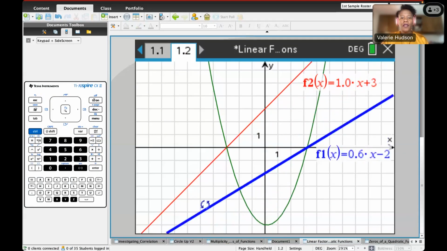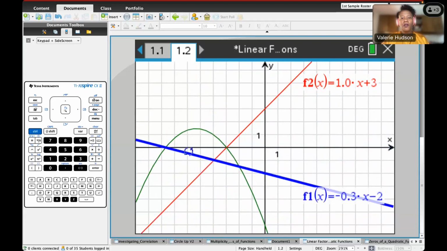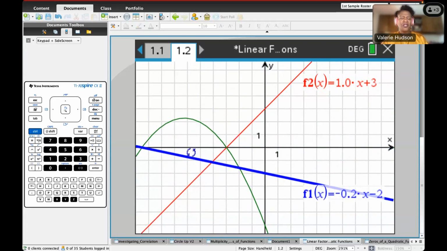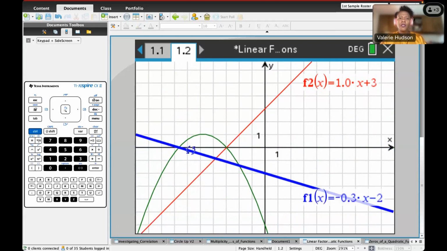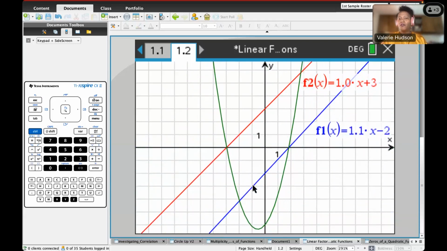We'll turn that F3 on, and then we can have very rich discussions with kids about the relationship between the graph of the multiplied equations and the zeros or the roots, however you want to describe them, the solutions for the linear equations.